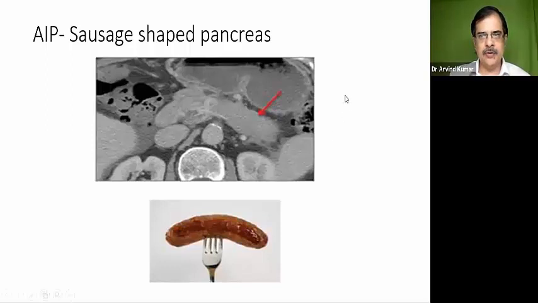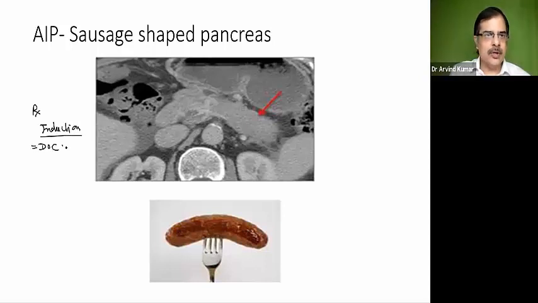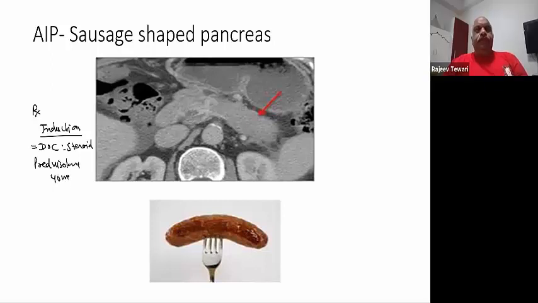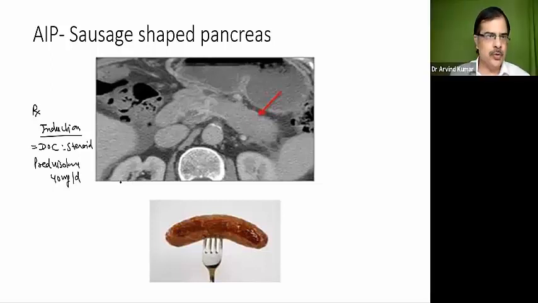It consists of two aspects. One is, of course, the induction of remission. For induction, the drug of choice is always steroids. We usually start with prednisolone at a dose of 40 milligrams per day. This is the usual dose, and it gives a very excellent response.